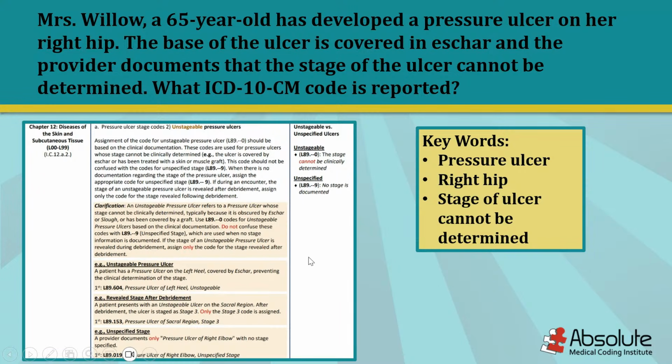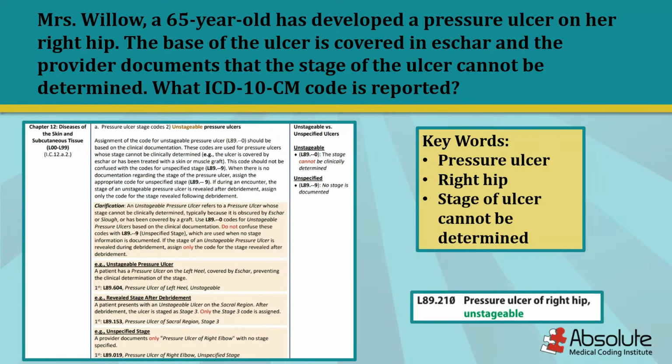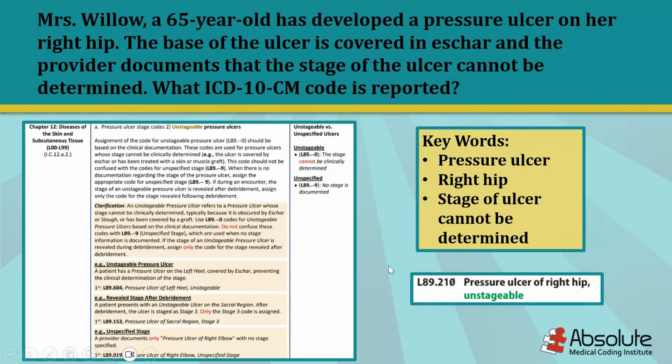So with that being said, we are going to go into our ICD-10 manual, and we are going to find a code, which is going to be L89.210, and that is going to be pressure ulcer of the right hip, and that is going to be unstageable.